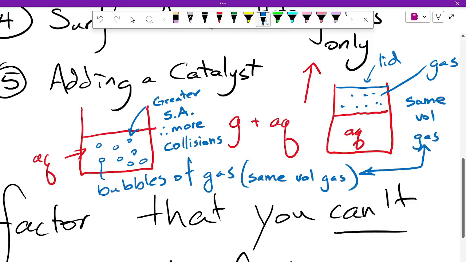Okay, so you have more collisions, and if you have more collisions, you have more frequency of collisions. What happens to your rate? Your rate is faster.